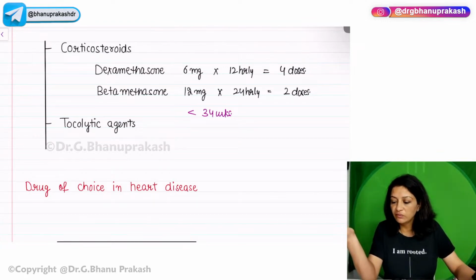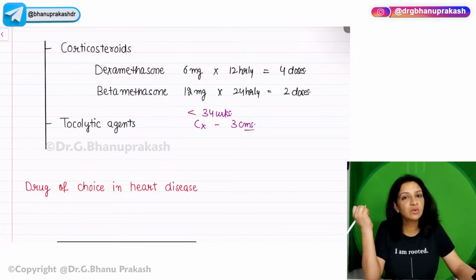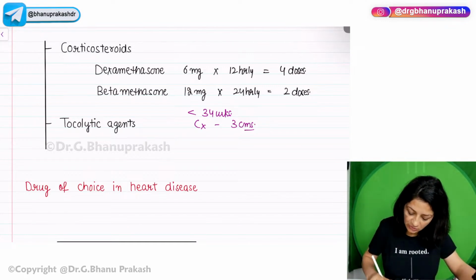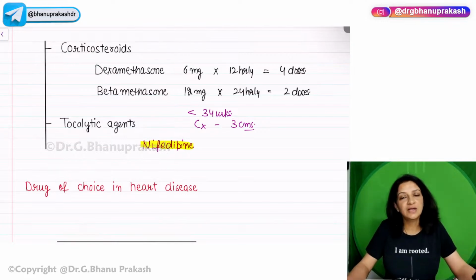After 34 weeks, no need of tocolytic agents, as the lungs will be mature. And if the cervical dilatation is up to 3 centimeters, then we can give tocolytic agents. Most commonly used drug as a tocolytic agent is nifedipine.